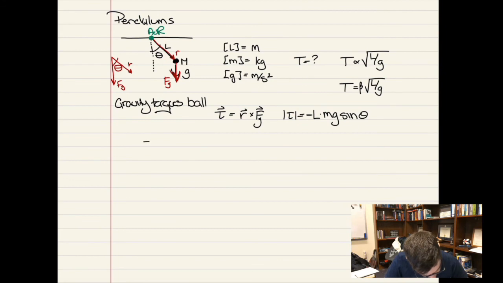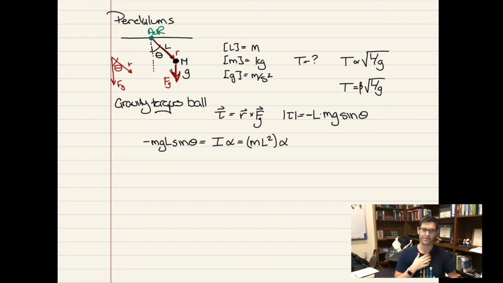And Newton's second law says that this torque equals the rotational inertia of the object times the resulting angular acceleration. If I treat this as a point particle, the rotational inertia is just m L squared times some angular acceleration.